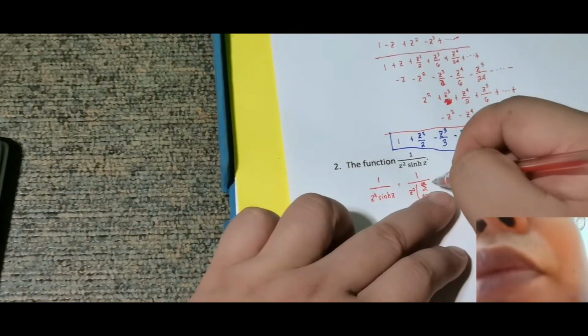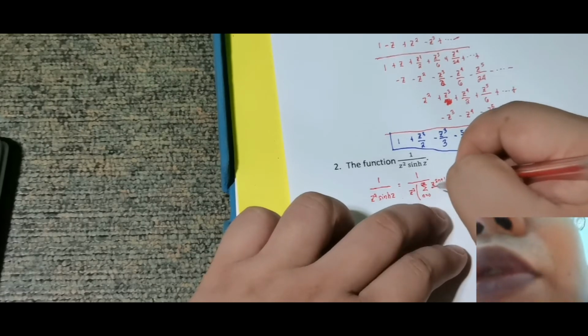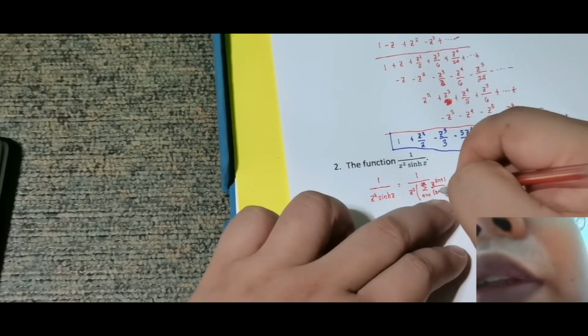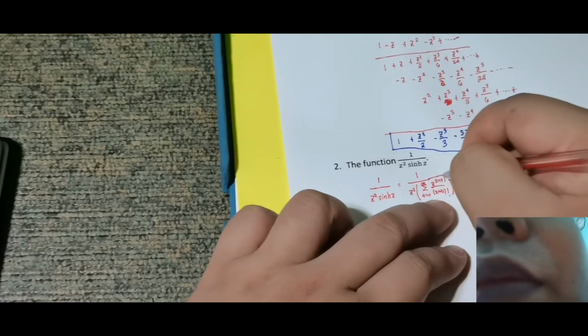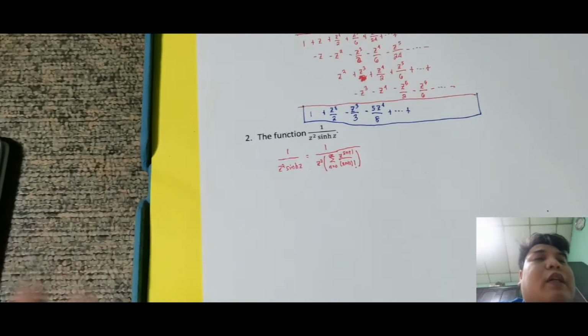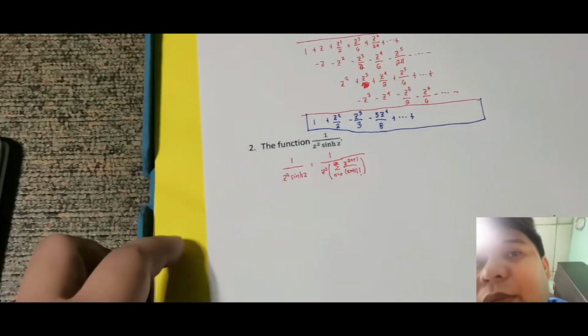Kung naalala ko, ito ay z raised to 2n plus 1 over 2n plus 1 factorial. Okay, so kung tama ko na pagkakalala, ganyan yan. Okay, then expand natin konti. Itsura ito pag in-expand.